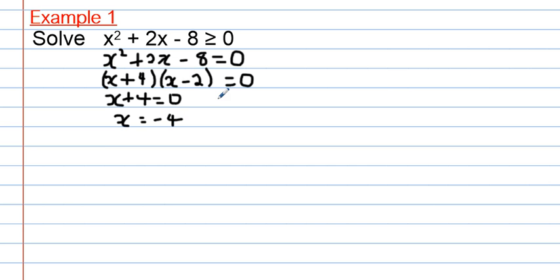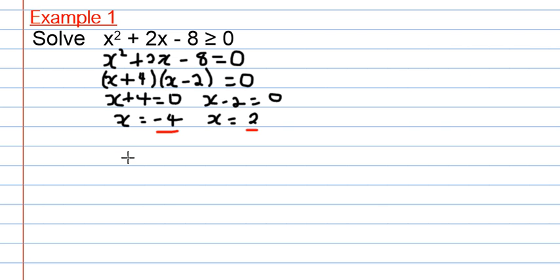If I equate this bracket to 0, I'm going to have x minus 2 equals 0, so x will be 2. Okay, so these are critical values, minus 4 and 2.